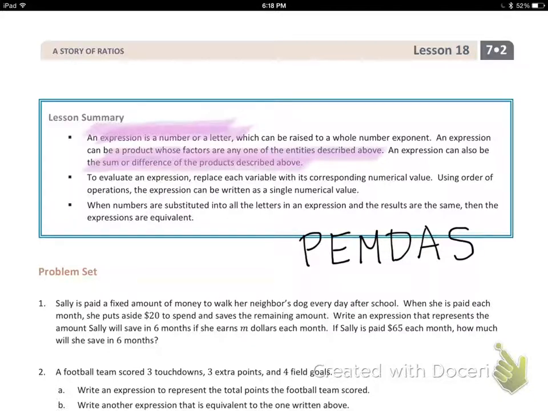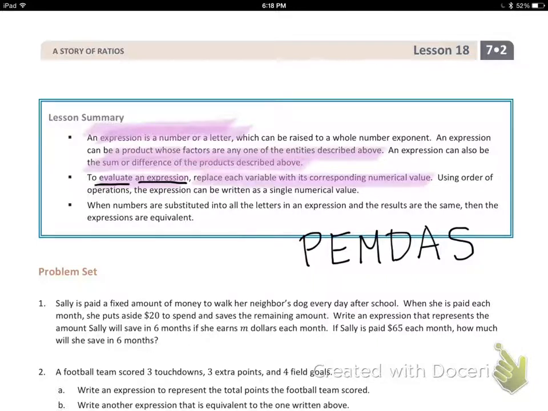To evaluate an expression, and this is something you're going to see a lot, you replace, or I say plug in, each variable with its corresponding numerical value, which has to be given to you. As we saw in our problems, it would say x equals 2, y equals -1.